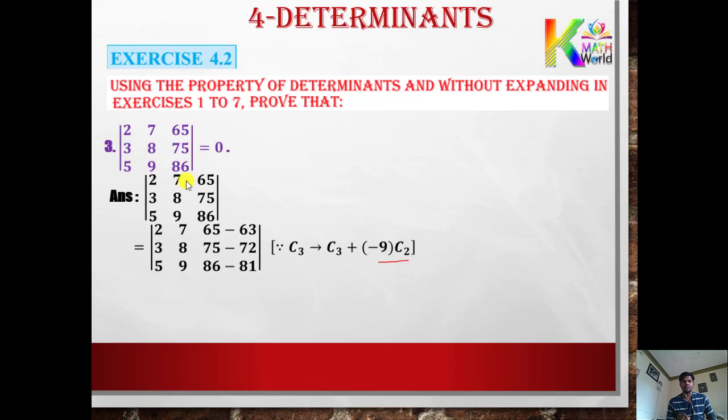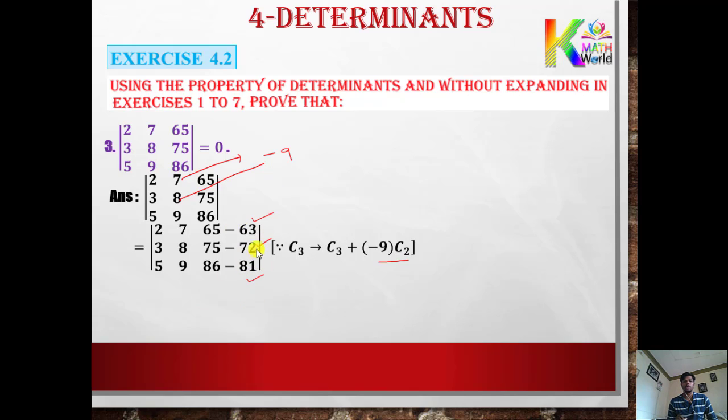In that you have to subtract 9C2. This column got multiplied by minus 9. So minus 9 into 7, you got minus 63. That you can see here. 8 into minus 9, how much do you get? Minus 72, that you can see here. Same way 9 into minus 9, so that will be minus 81.